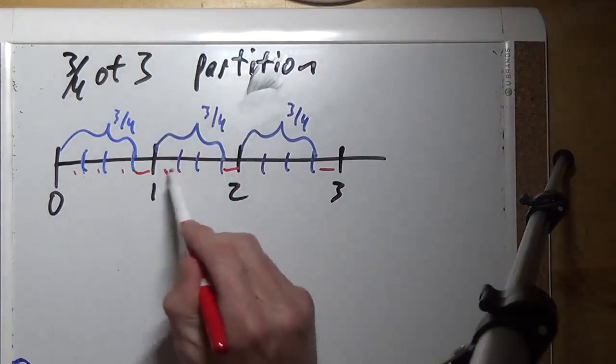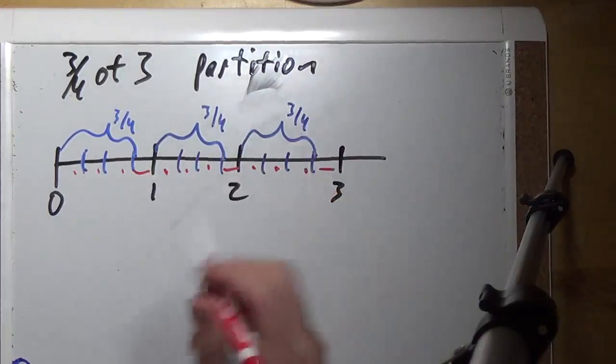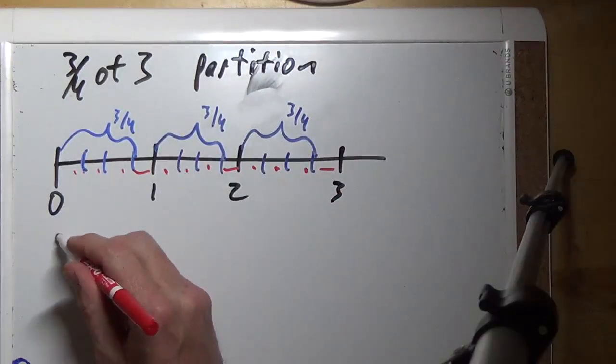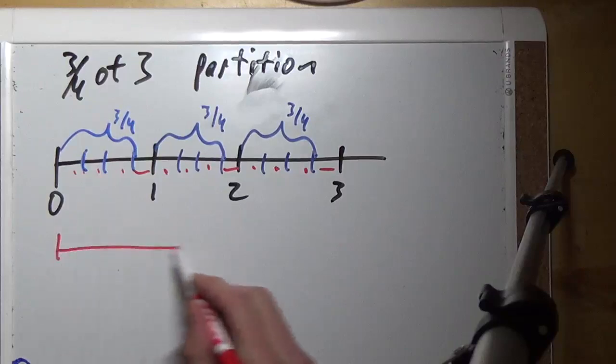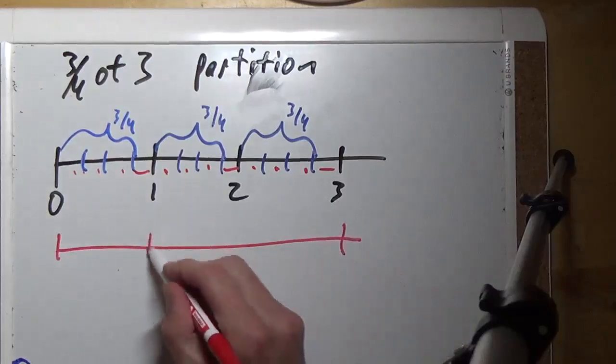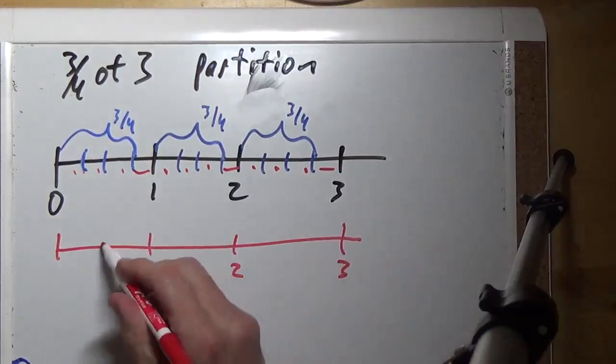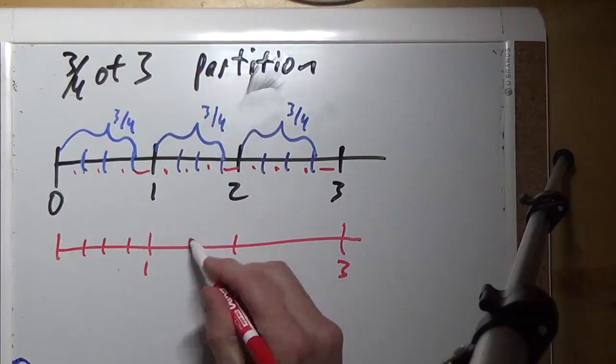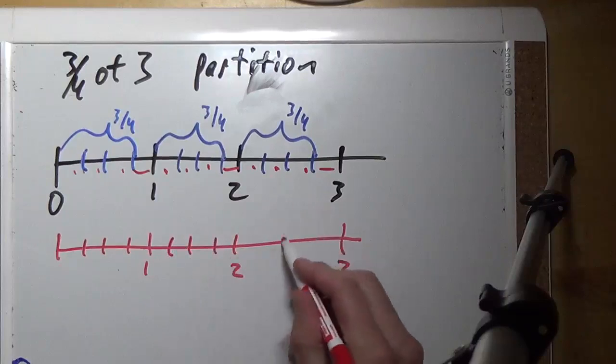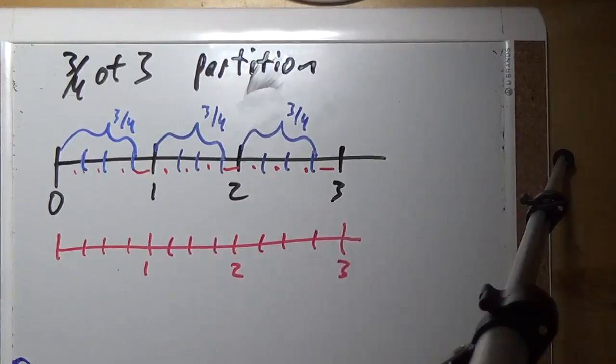1, 2, 3, 4, 5, 6, 7, 8, 9. So if I redraw kind of the same diagram, same number line, I know that I've just used up 9 of these.